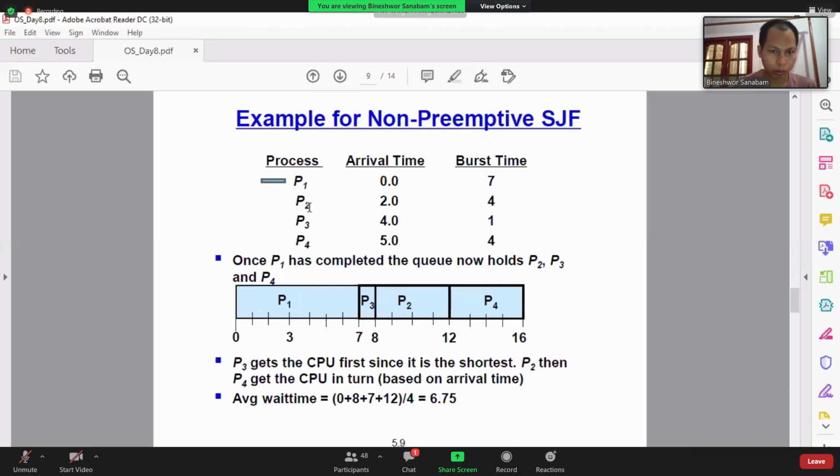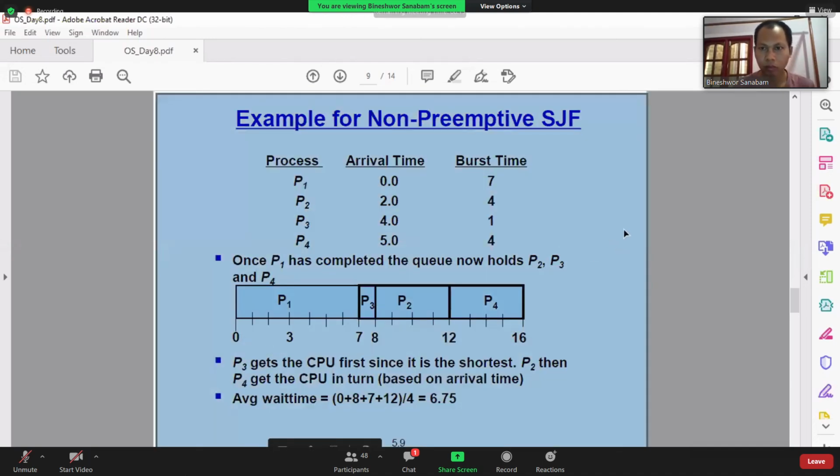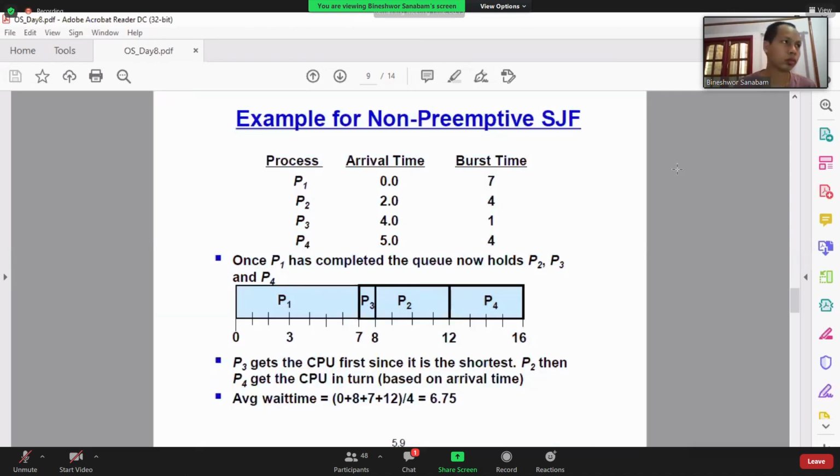Then what about process P2? P2 arrives at time 2, and when does it get the CPU? It gets the CPU at 8, right? So how much does it have to wait?